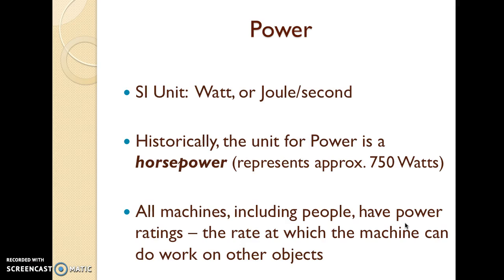And if you calculate the amount of time taken to run up the flight of stairs, you can calculate the change in gravitational potential energy. And then with that, you can find your power output. So the change in your gravitational potential energy divided by the time it took you to run up the stairs, and there you go. You can see how good you are compared to a horse.